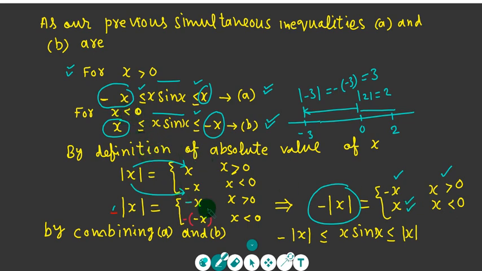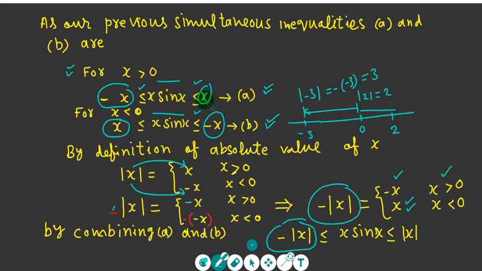So in the general inequality we write the smaller function as this, which is true for both positive real numbers and negative real numbers.